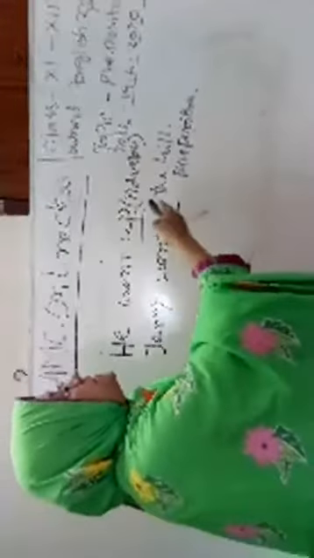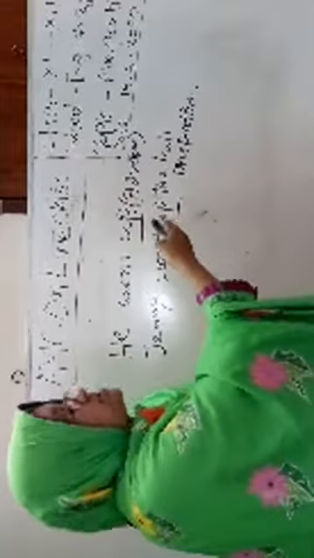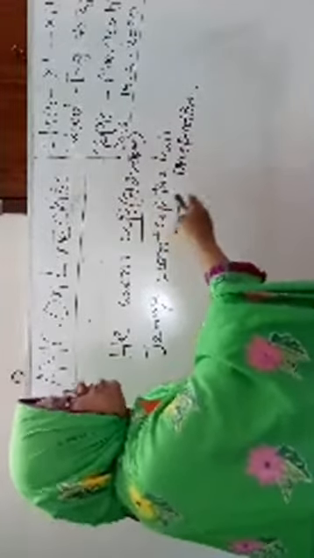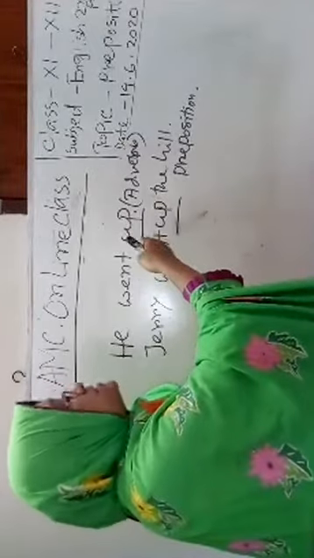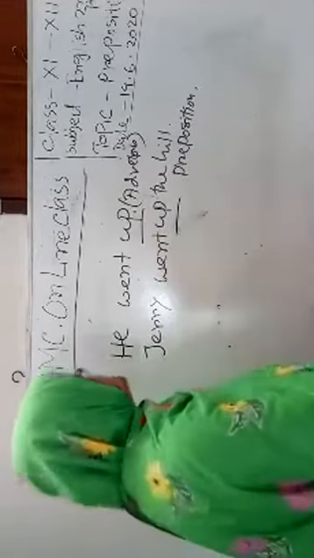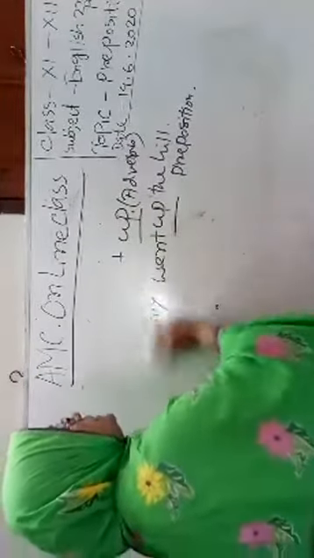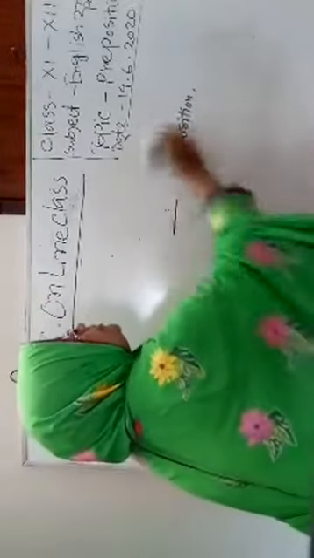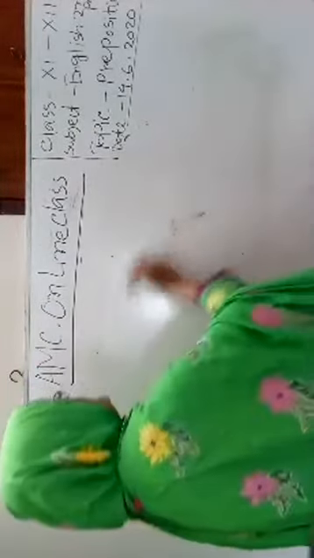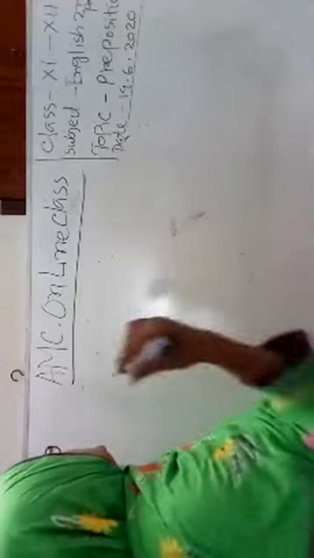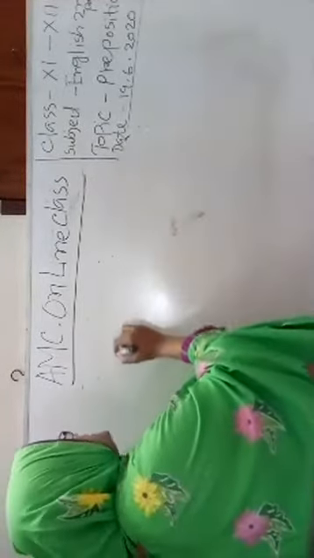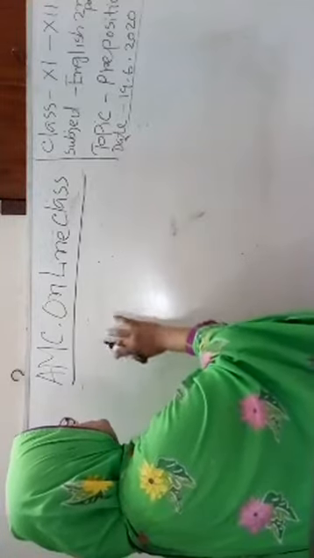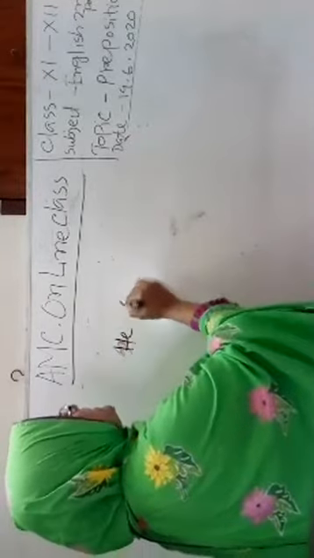That means a preposition is placed before an object, and an adverb never does it. So these are the main points of how we can detect adverb or preposition. Another example, he sat down.